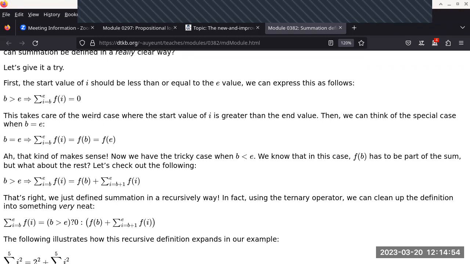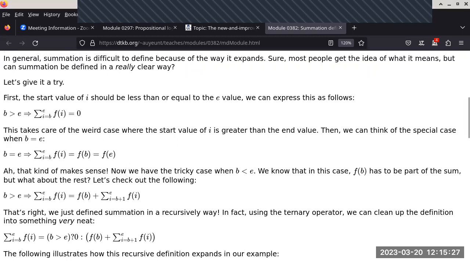Go back to 0382. And this is where we meet. Oh, that part is not wrong. I'm looking for this part here, which is the equation right before that.